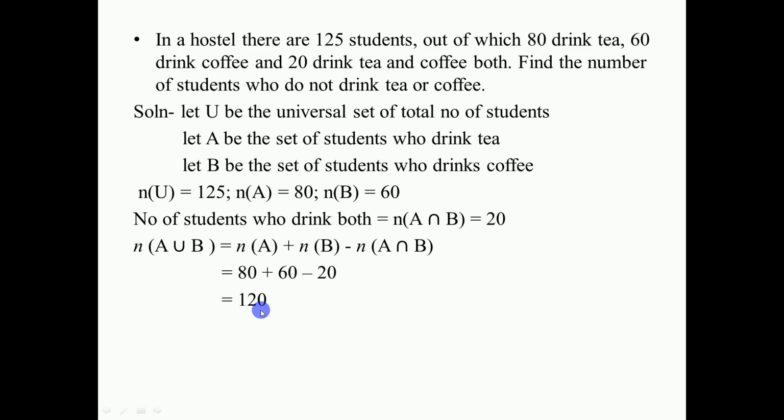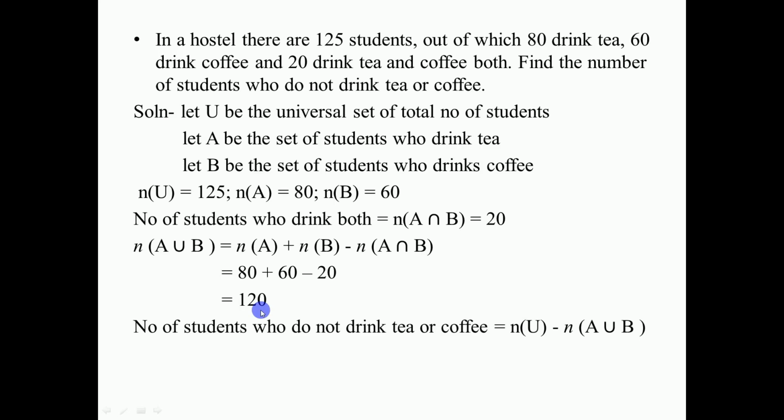When you subtract them, that is 125 minus 120, you get 5 students who do not drink anything, that is no tea, no coffee. So the number of students who do not drink tea or coffee is 125 minus 120, which is equal to 5.